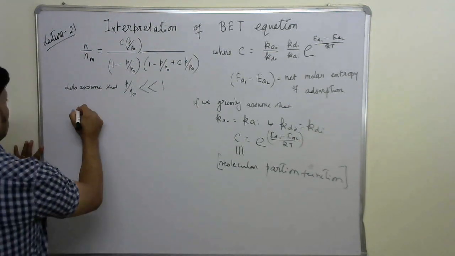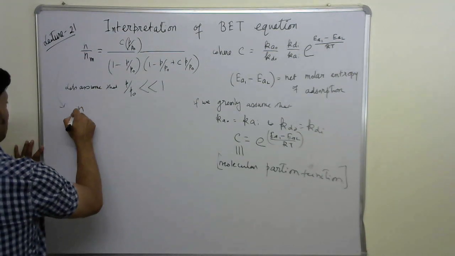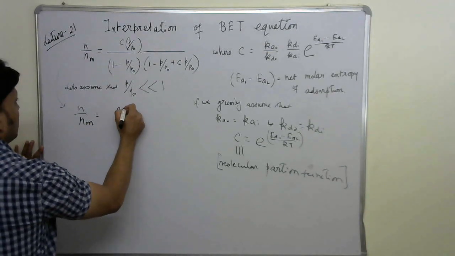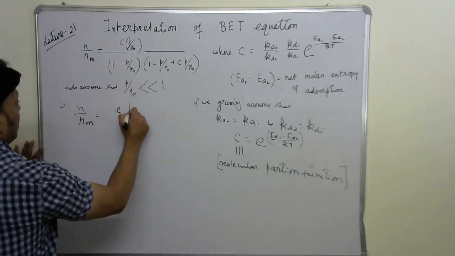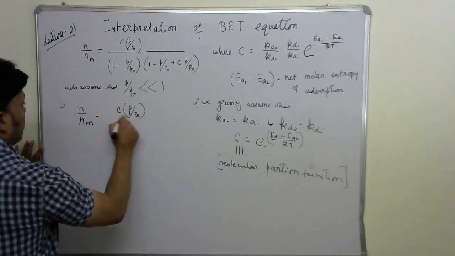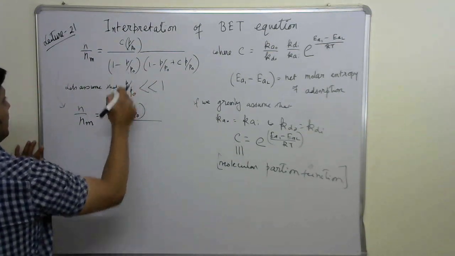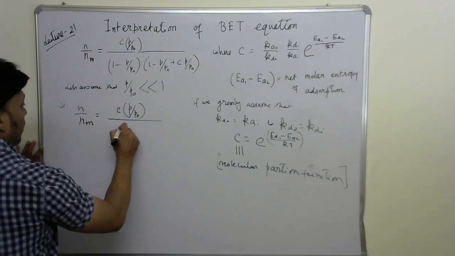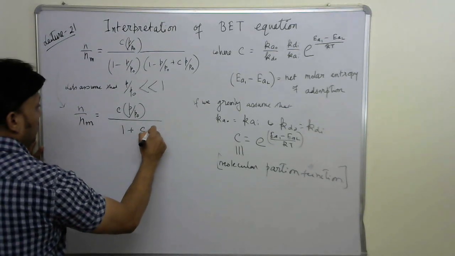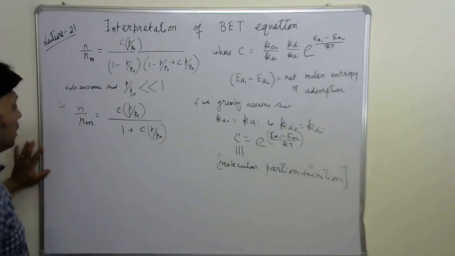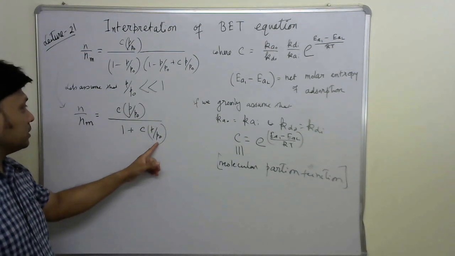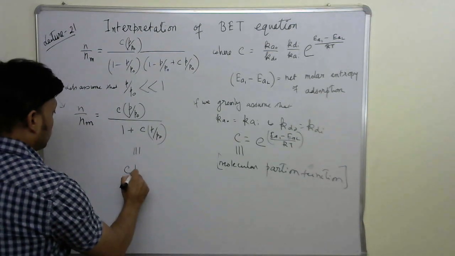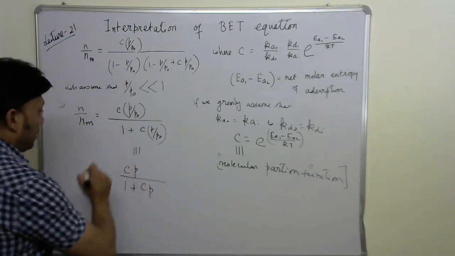If we do so, this equation becomes C multiplied by p over p0, divided by 1 plus C p over p0, where the other terms are neglected with respect to 1. Since p0 is a constant and p is the partial pressure, we can equivalently write this in terms of p, the partial pressure.